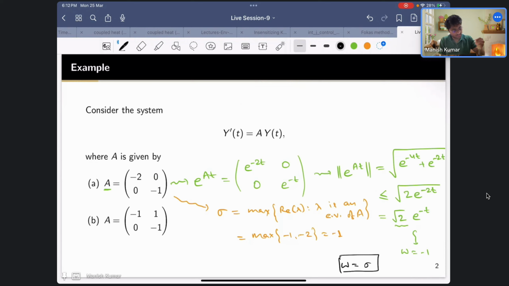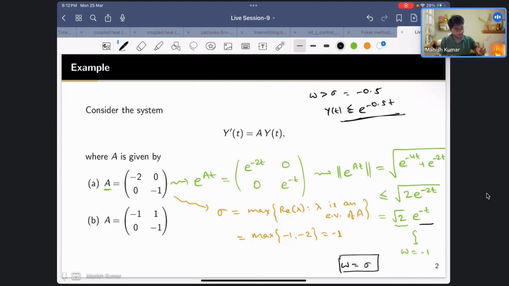So if you take omega which is greater than sigma, let's say minus 0.5, suppose this is the bound. If you get, let's say, f_0 e to the minus 0.5t, then this is a worse decay. If you are getting this kind of thing, this is always true, right?